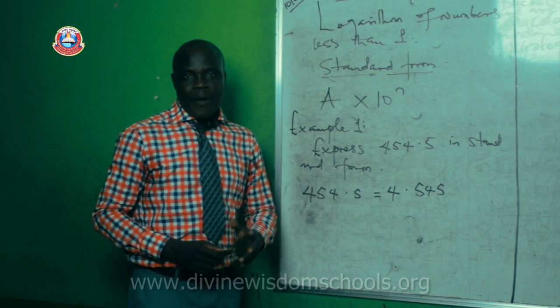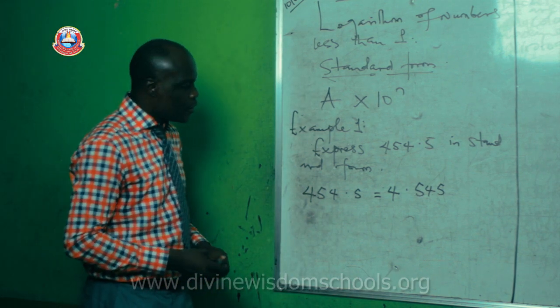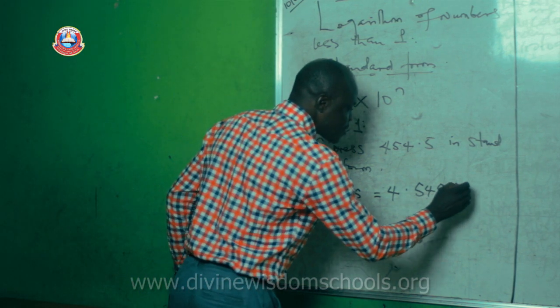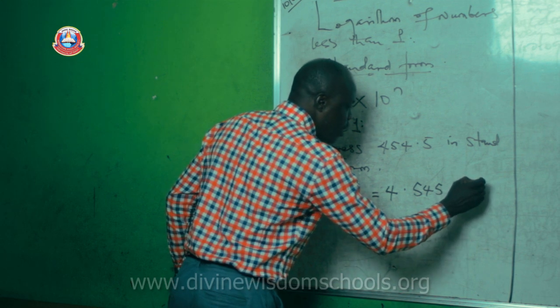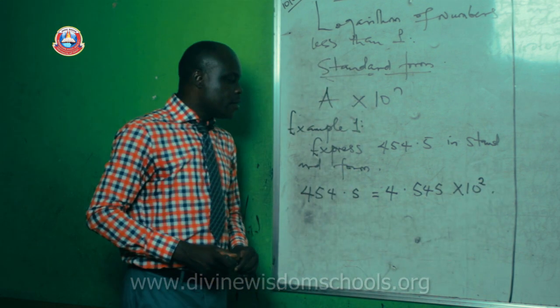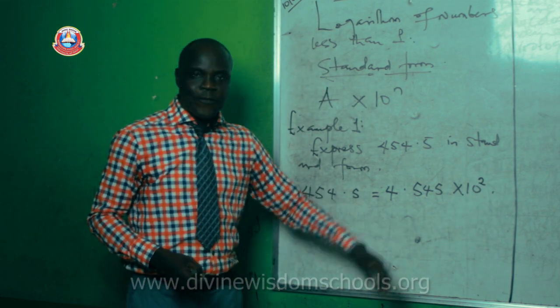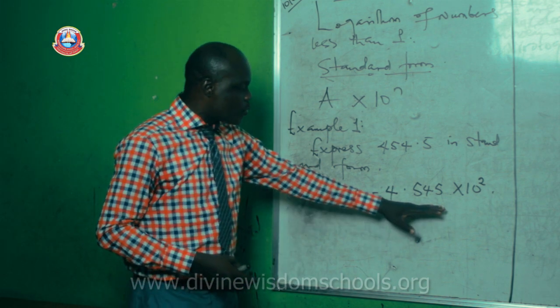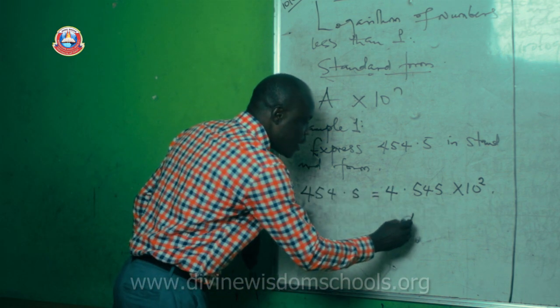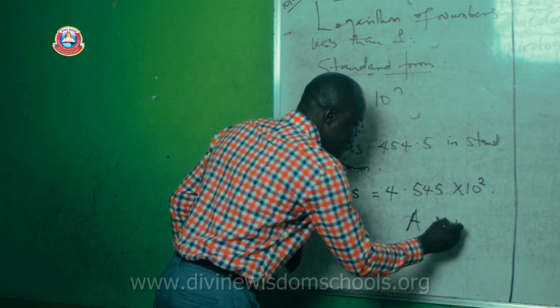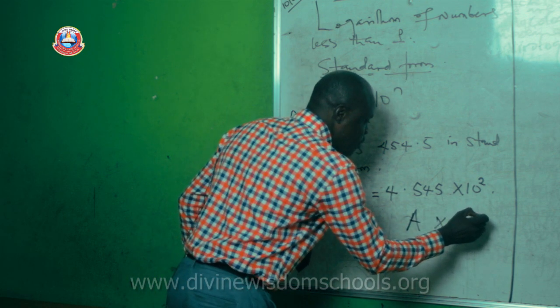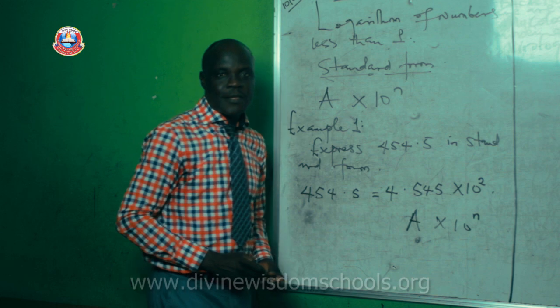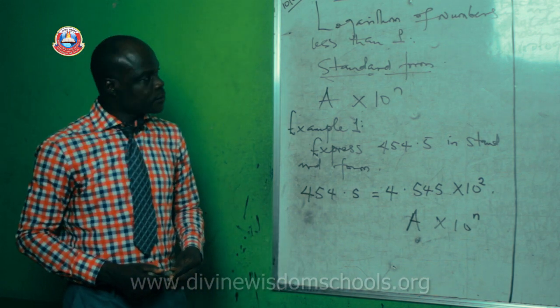Since you move the decimal point 2 places to the left, you are going to express this as base 10 raised to power 2. This one has now been expressed in standard form. By definition, where a is a number between 1 and 10, this is now representing your a times 10, while this one is now representing your n, an integer, a positive whole number.